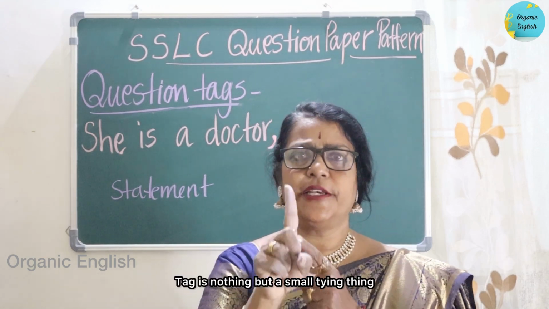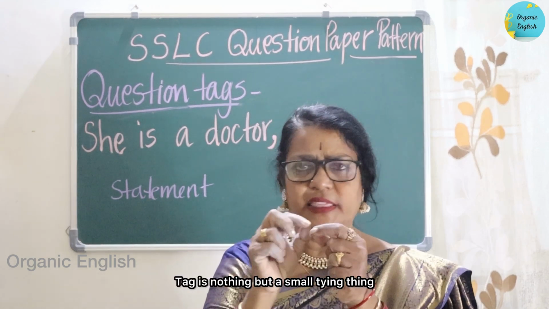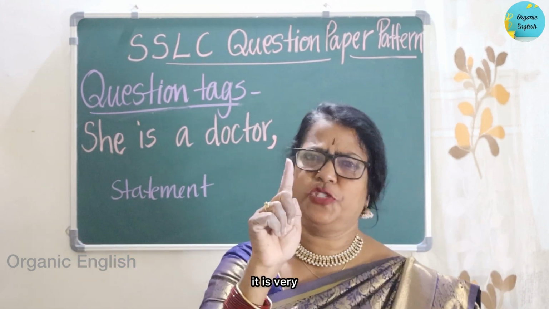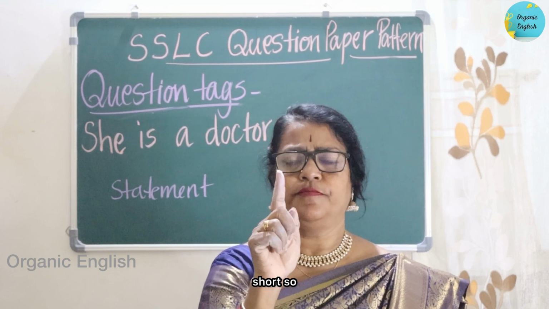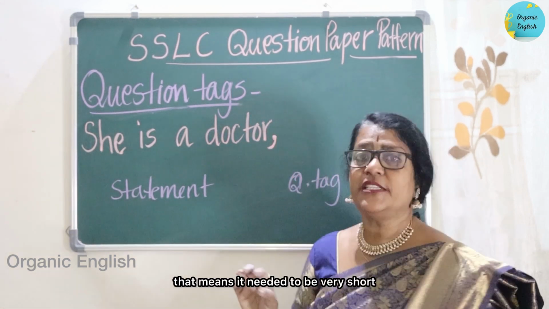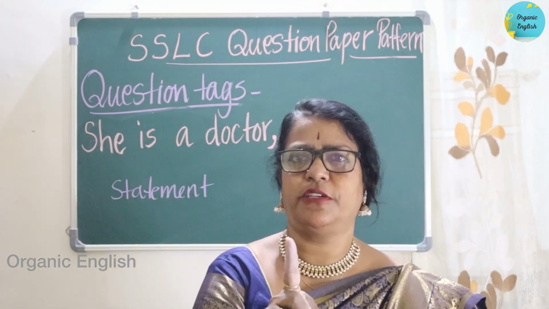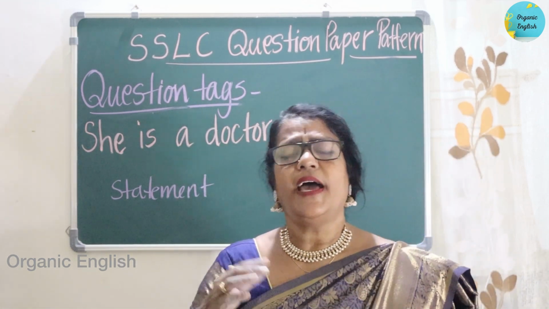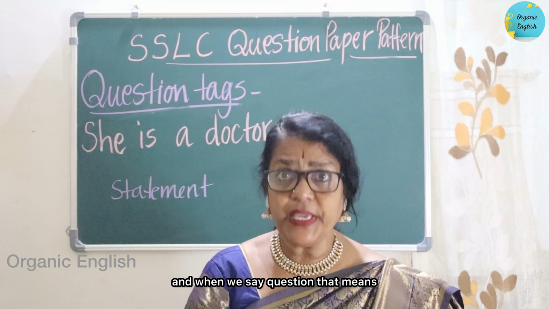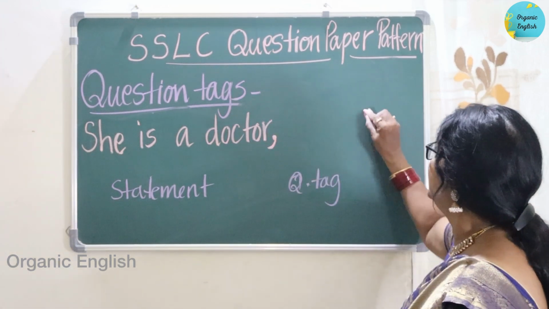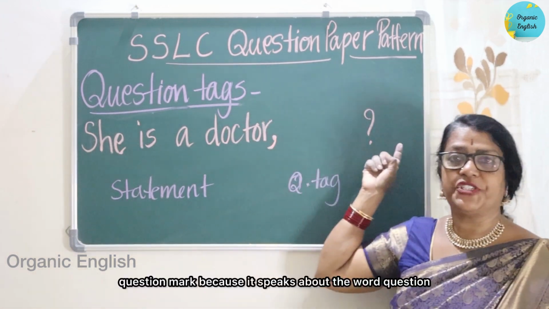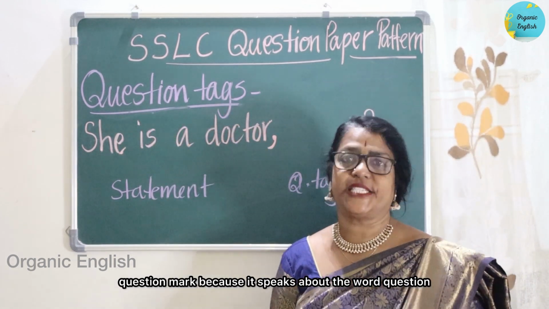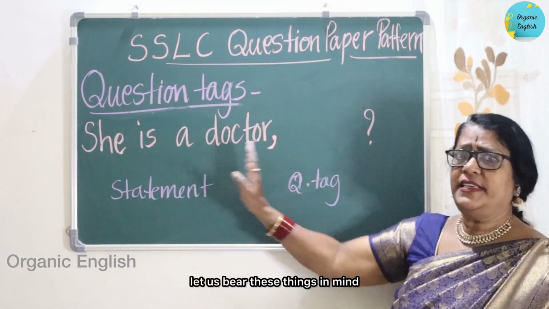Tag is nothing but a small tying thing. We tie the papers. It won't be long. It is very short. So that means it needs to be very short. When we look at the examples, we'll come to know about it. And when we say question, that means there needs to be a question mark, because it speaks about the word question. Let us bear these things in mind.